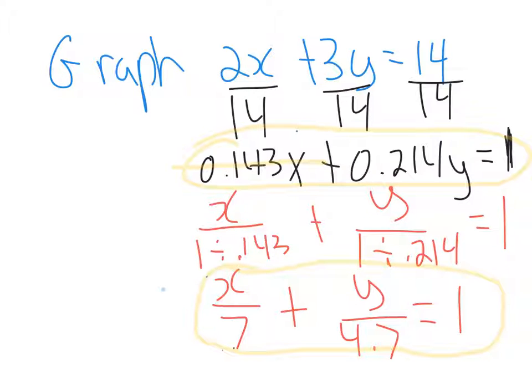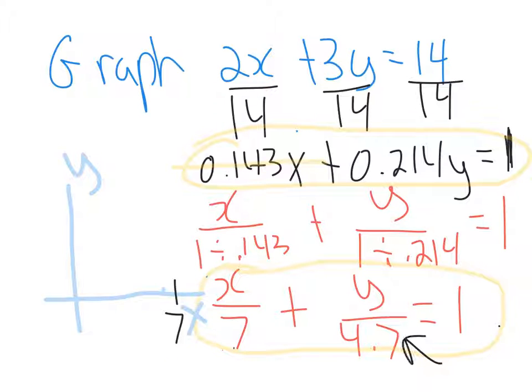If I had this x and y axis, then I would know the x-intercept is 7, and I would know the y-intercept is 4.7. And the straight line would go through those two. So it would go through x equals 7 and y equals 4.7.